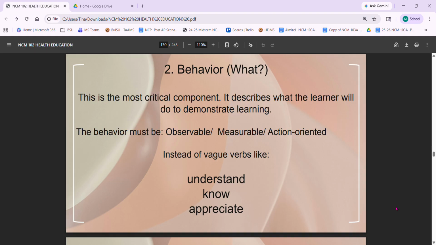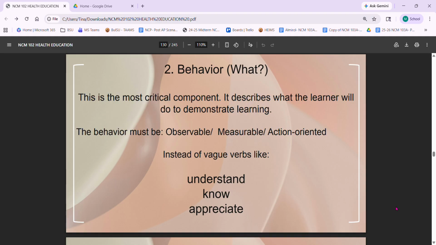When you say behavior, this is the most critical component. It describes what the learner will do to demonstrate learning. So, the behavior must be what? Observable, measurable, action-oriented. So, wag kang gagamit ng mga vague verb like what? Understand, know, appreciate. That is difficult to measure.